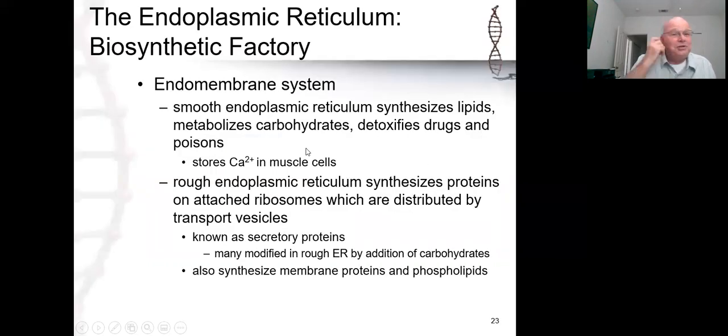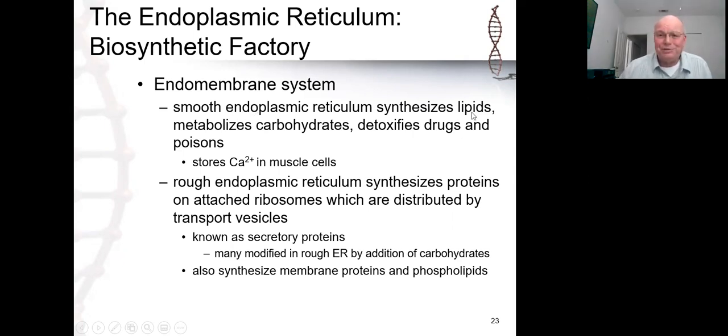So the endomembrane system, as I said, is the site of much biochemical synthesis. So sugars are produced there because one of the most common alterations to polypeptides is the addition of sugars to form what are called glycoproteins. So those sugars have got to be made somewhere and they're made in the endoplasmic reticulum, specifically the smooth endoplasmic reticulum.